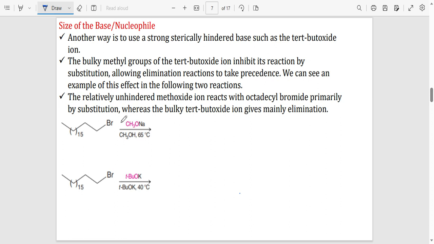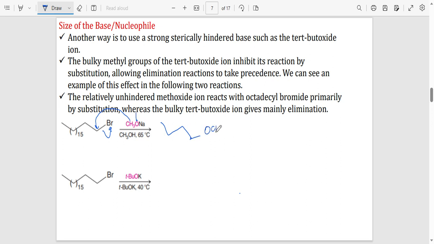But because you are using a small unhindered base, this is going to be more by SN2. What happens is that this base is going to attack this carbon containing the leaving group, and then the leaving group is released like that. So what you are going to see is 1, 2, 3, 4 carbons, and this oxygen will be the point of attachment at that carbon.